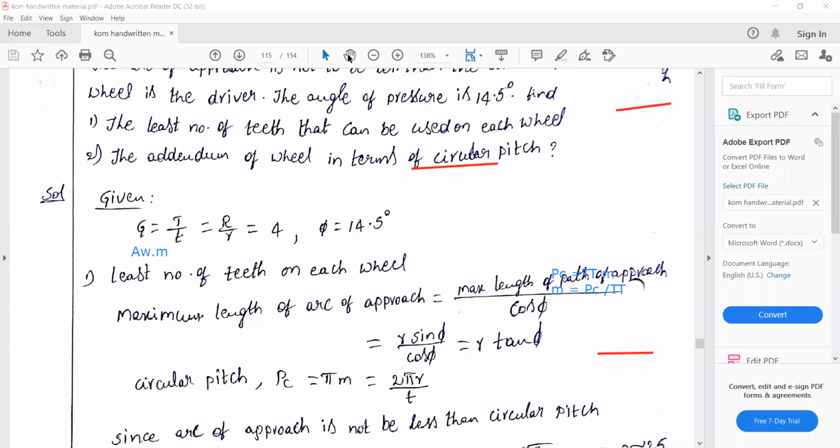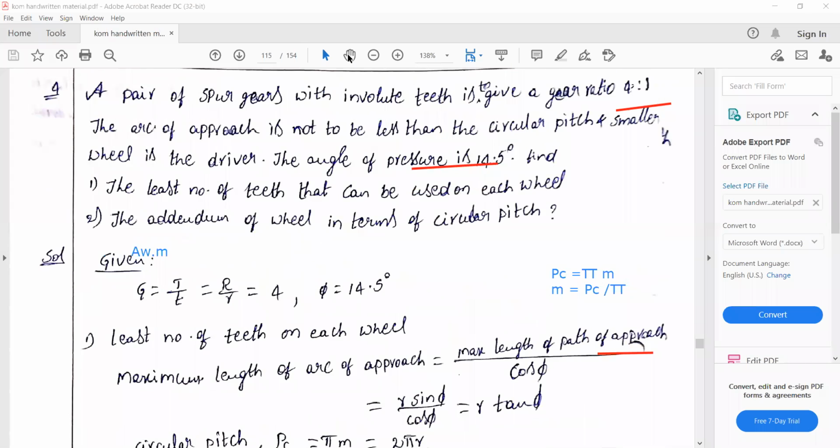Because sometimes they confuse the problems. The conditions are there: the arc of approach is not less than the circular pitch.